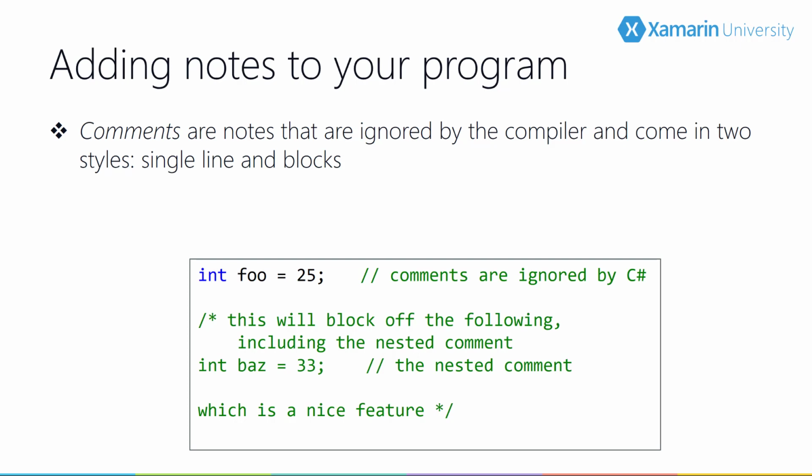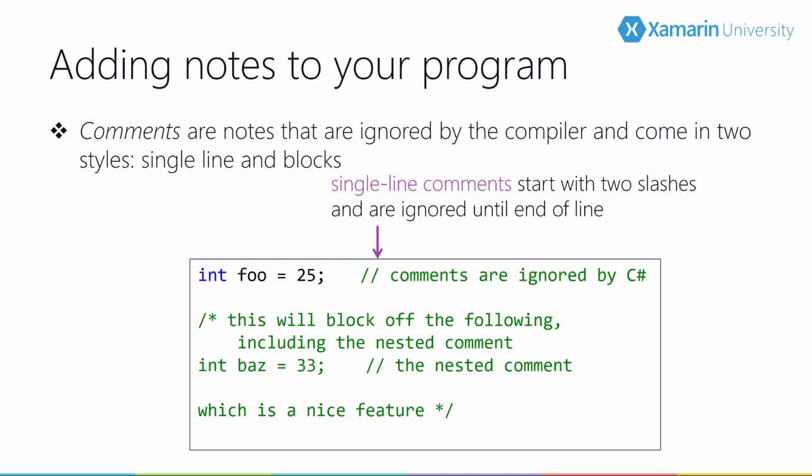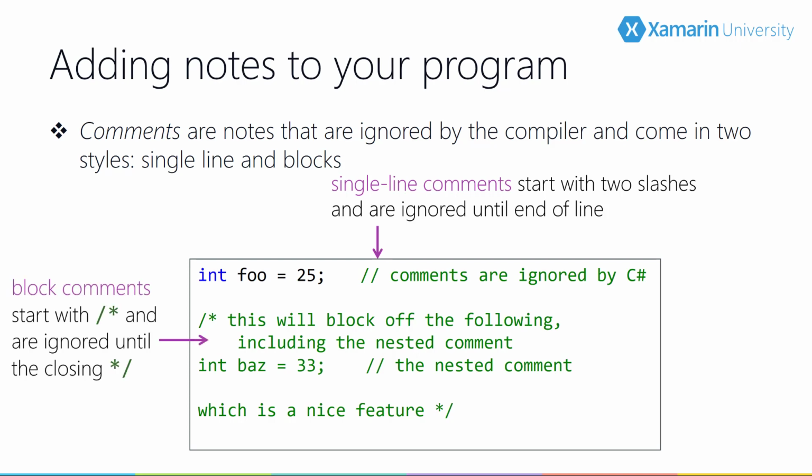And there are different types of comments. We have single line comments, which are created by two slashes. A single line comment just simply comments out the code or the text on that line. Whereas a multi-line or block comment can span multiple lines.